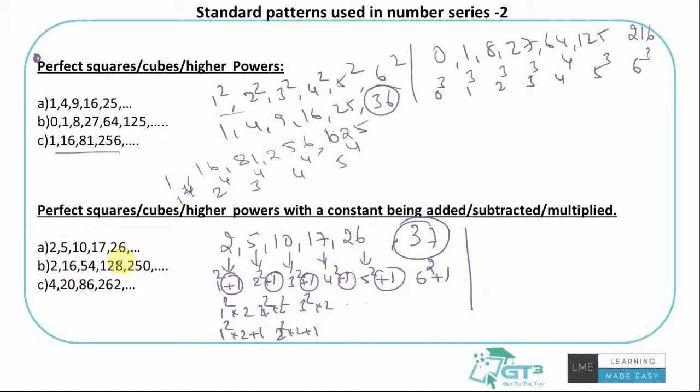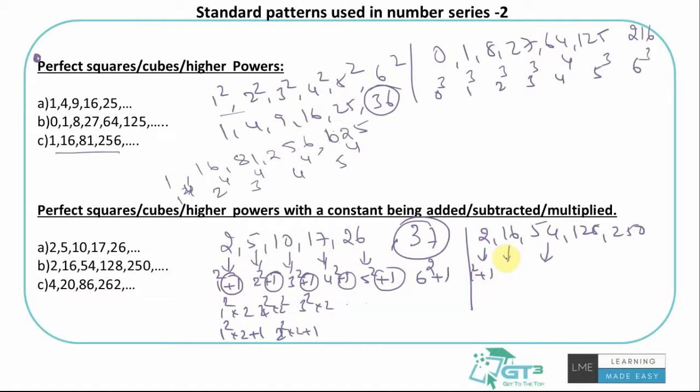Another example, 2, 16, 54, 128, 250. Right? I see here 2, next I see 16, and next I see 54. What is this? I would say 1 plus 1, it's 1 square, 1 cube.